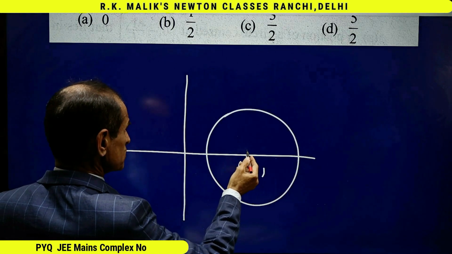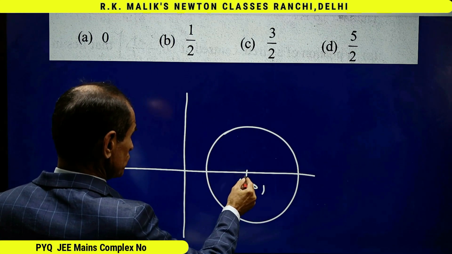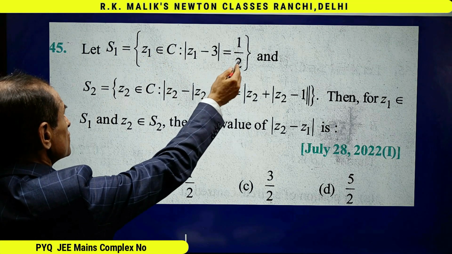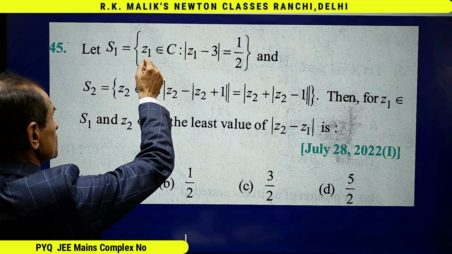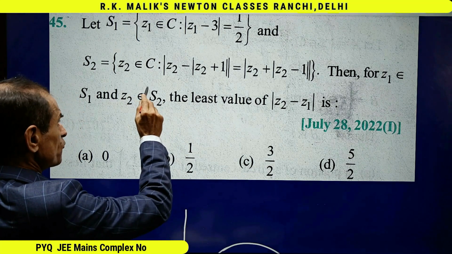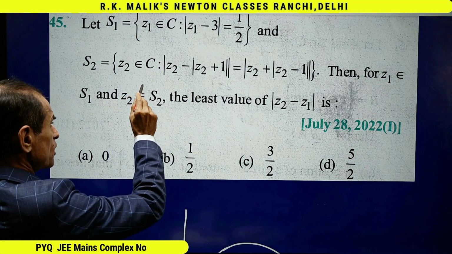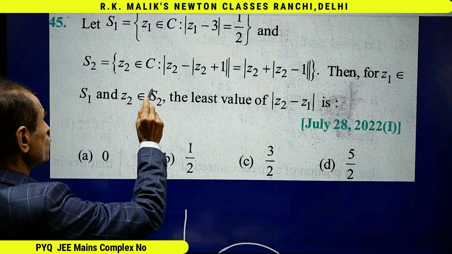All the complex numbers which lie on this circle will satisfy this condition, that is belong to the set S1. The set of points belonging to S2 are a bit difficult to find.